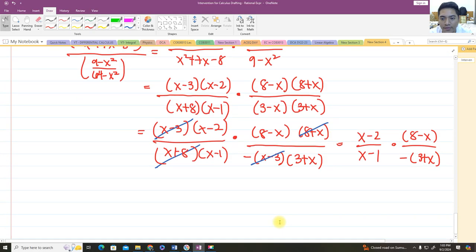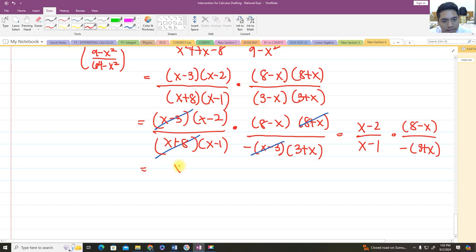Right now, you have x minus 2 all over x minus 1. If I get the negative here, so that the negative x will become positive, this will become x minus 8, negative x and positive 8 all over negative 3 plus x. So negative divided by negative will be cancelled. This will become positive.